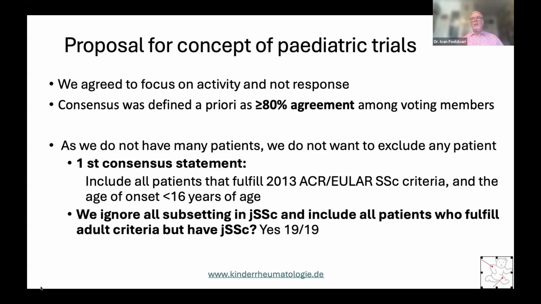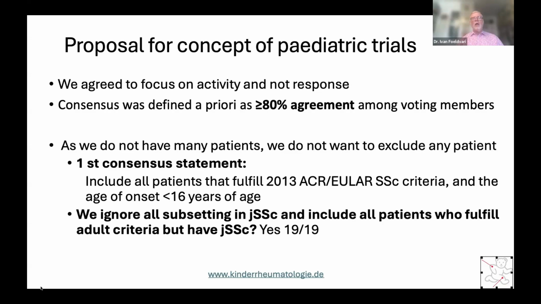The first consensus statement was that we wanted to include all patients who fulfill the adult 2013 ACR classification criteria. On the next slide, I will show you the criteria so that you get an impression of that. And the patient should have the first non-Raynaud symptom before the age of 16 years.